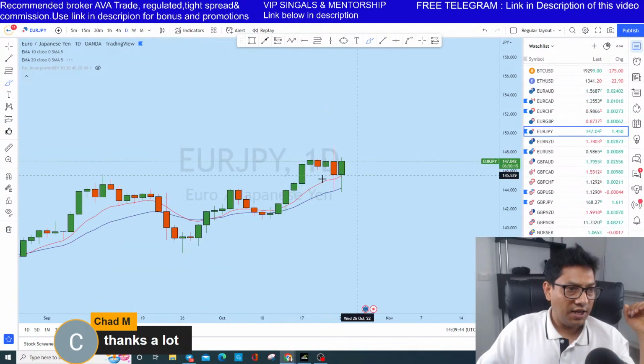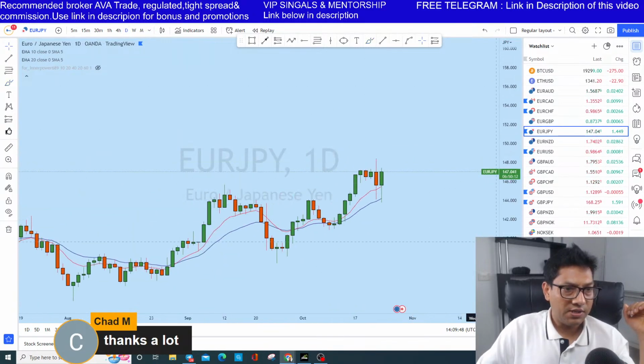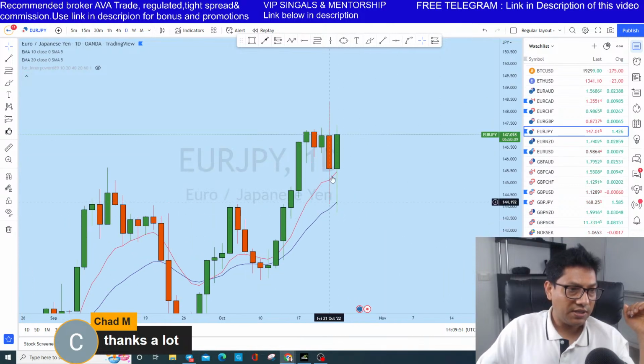Now looking at the daily, we see that the price tested the daily 20 MA nicely.